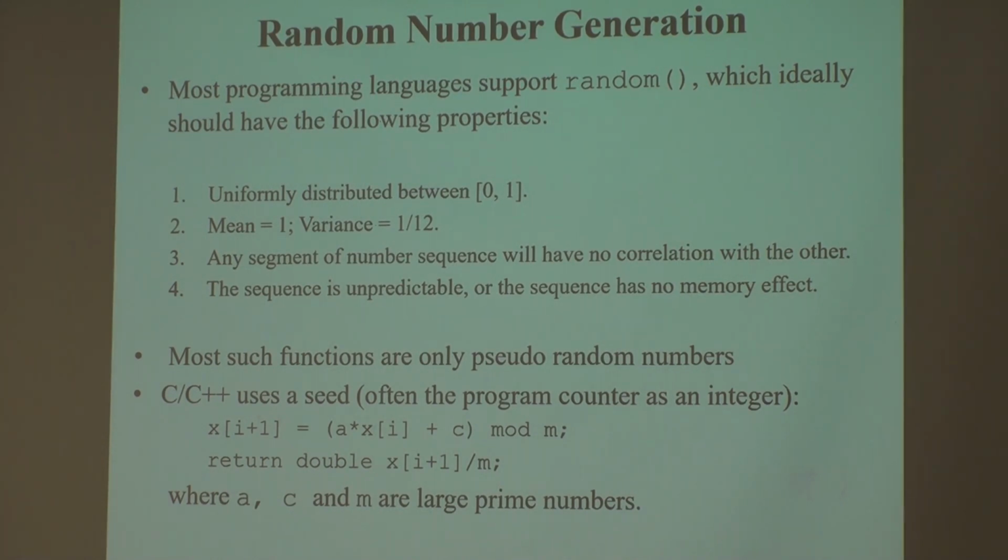But once you use the seed, and A, C and M are fixed prime numbers, it means that if you use the same seed, the whole sequence will be the same. It's only pseudo-random. It appears random, but it's not truly random, because if you somehow happen to have the same seed, the same X0 start, then everything in the sequence will be the same.